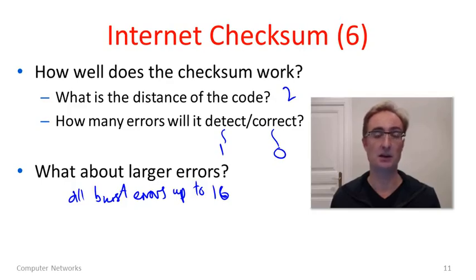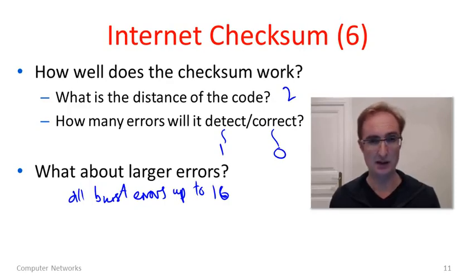Maybe some bits in the middle are not flipped, but over that window, a small window in space, the error occurs. It's a burst error. So it's an advantage here that if those errors occur in bursts of 16 or less, and there's just one in the packet, we're going to detect it. Because if you think about it, those 16 bits can only be affecting one 16-bit word or 2 adjacent ones in different places, so they can't cancel out.